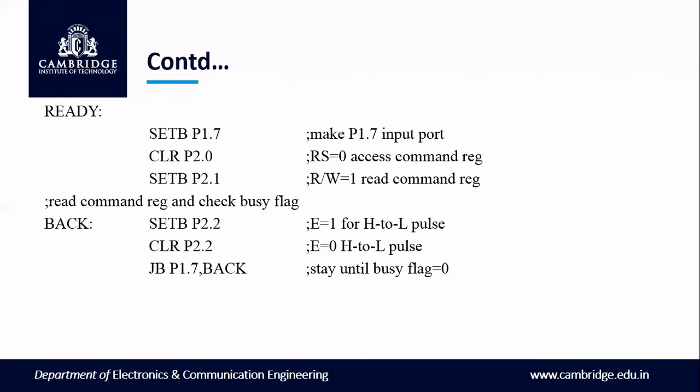So here what happens, you are checking for jump if bit. Jump if bit means if it is 1, it will be true. So again it will be going back, again it will be enabling and disabling like this. So continuously it will be checking for what? When it becomes 0. When it receives 0, then jump if bit becomes false, then it will come to the next instruction, that is written.